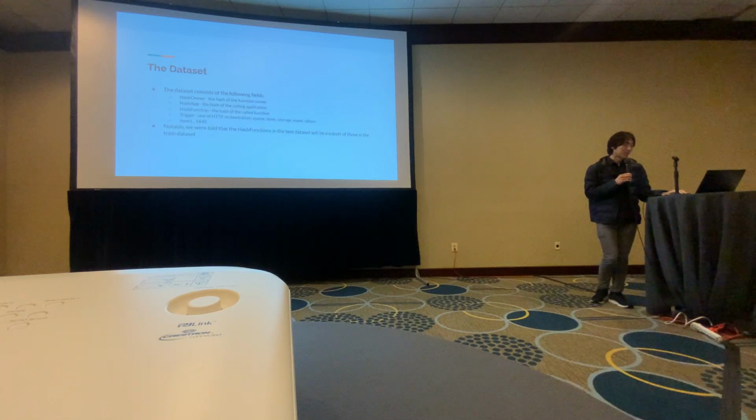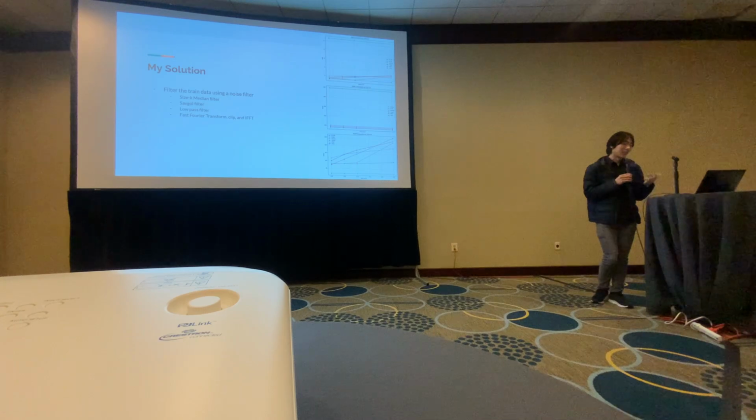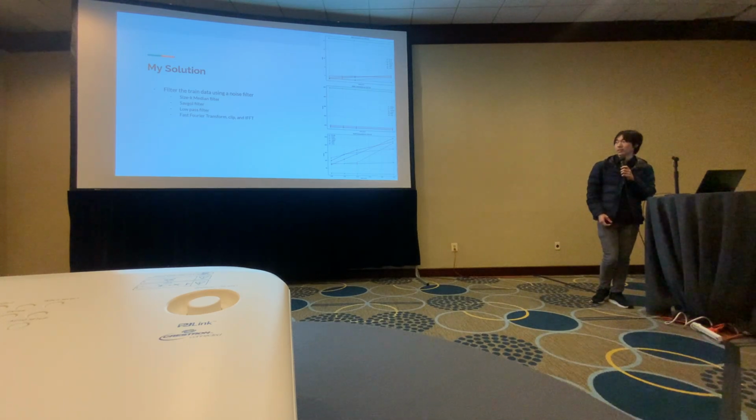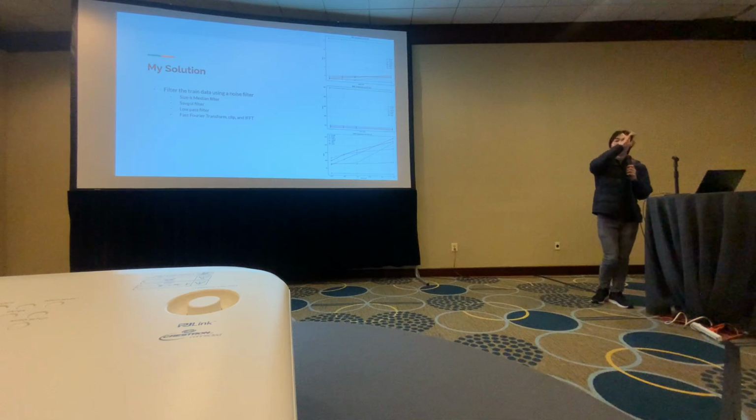As such, when I approached the problem originally, I decided I would just use a noise filter in order to get rid of any noise in the input data, remember that, and output that when we were asked to predict function applications for a specific function ID. This works because the function IDs in the test set were guaranteed to be a subset of the function IDs in the train set.